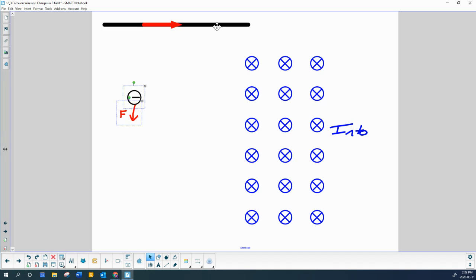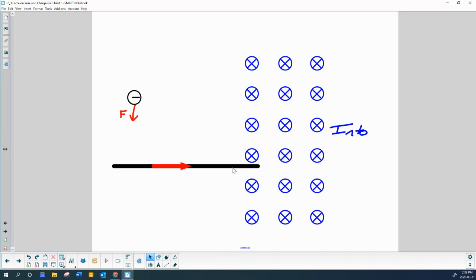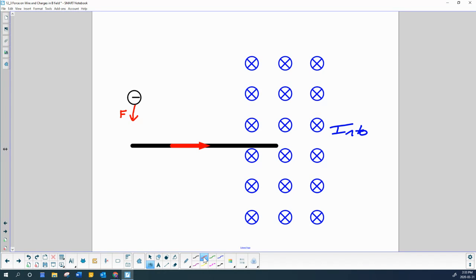Imagine that instead of electron just flying through space, I now take a wire. And in this wire, I have a red arrow that indicates the direction of electron flow. So if this is the direction of the electrons in the wire, you can imagine these electrons going through this wire, traveling from left to right, and at some point they enter into this magnetic field.